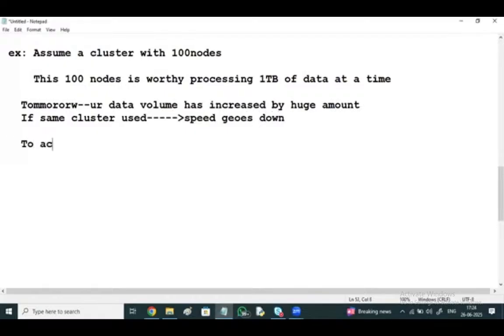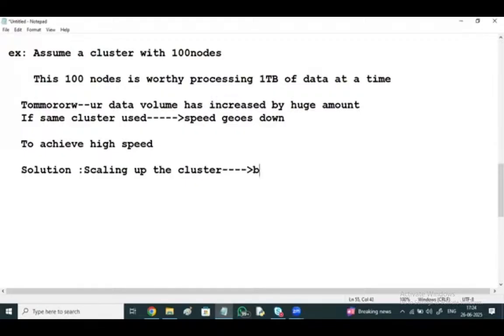So to achieve high speed, the solution is to increase nodes. Scaling up the cluster means adding more nodes, for example adding 50 new nodes.